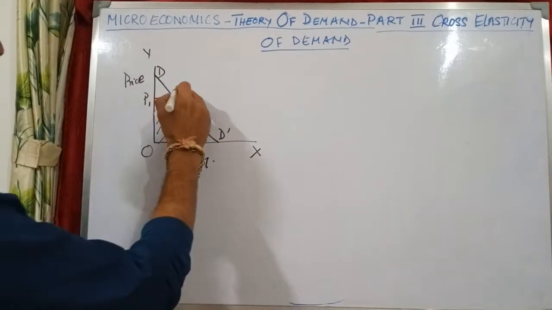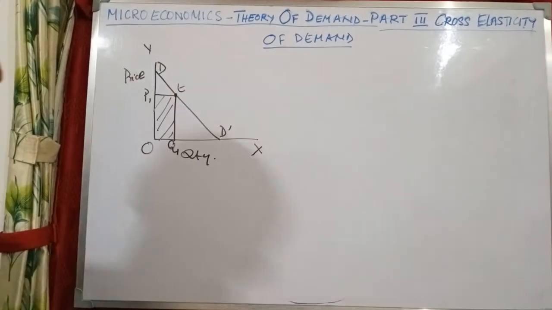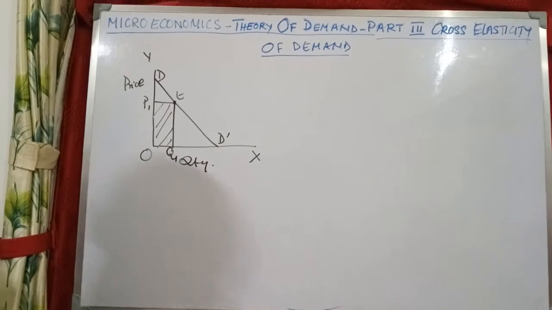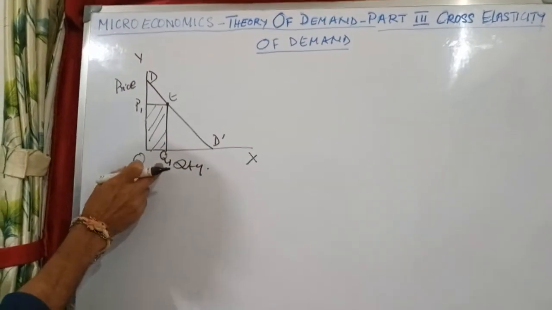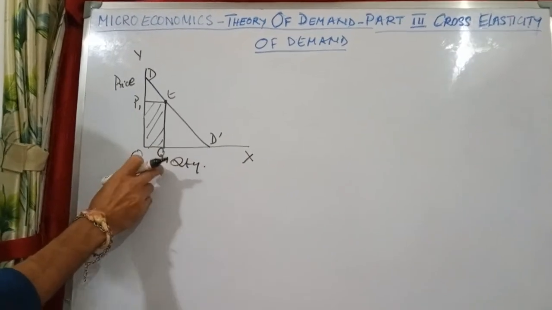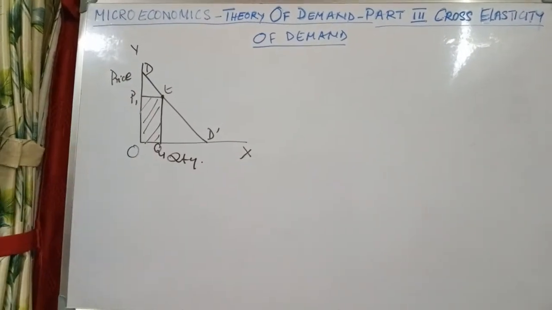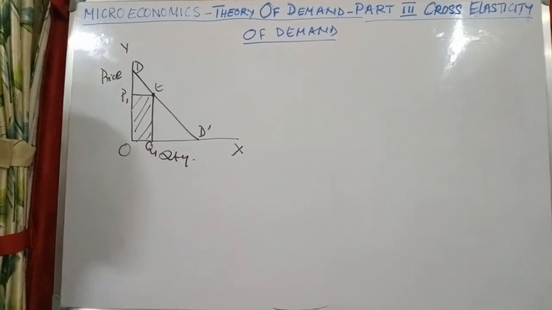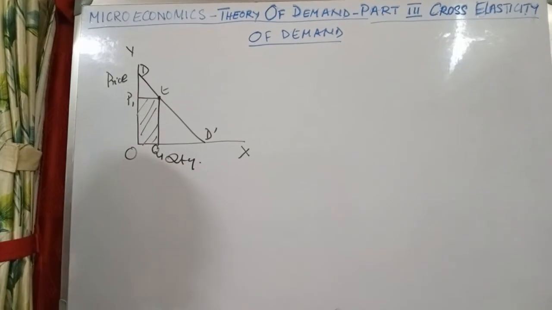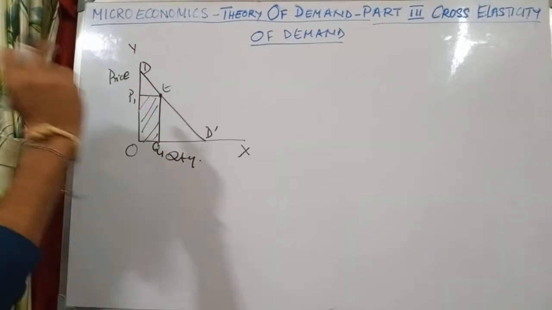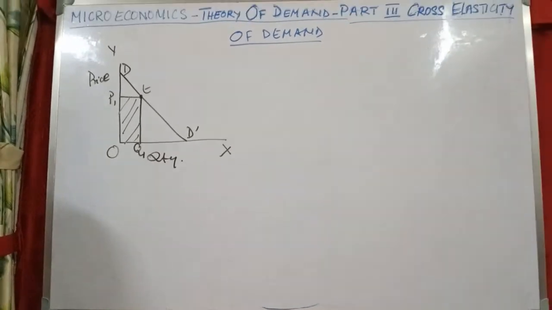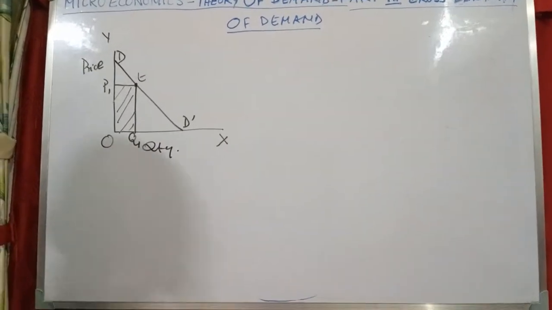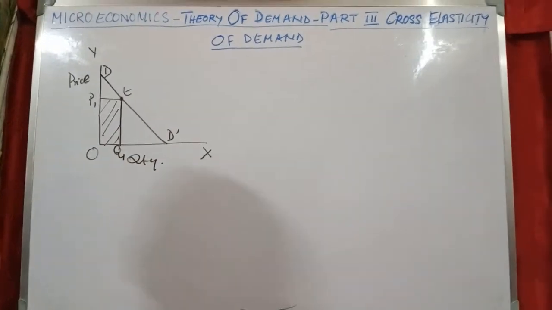Say this is point T. So the consumer is at point T when he is consuming OQ1 units at OP1 price per unit. So his total expenditure is equal to the area of the rectangle OP1TQ1. And at point T, the consumer is deriving maximum satisfaction.